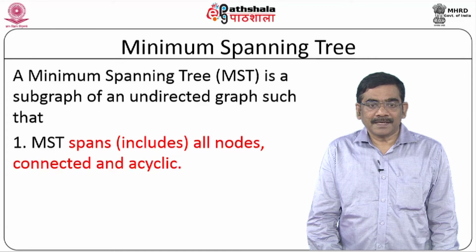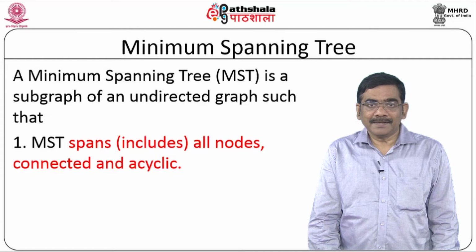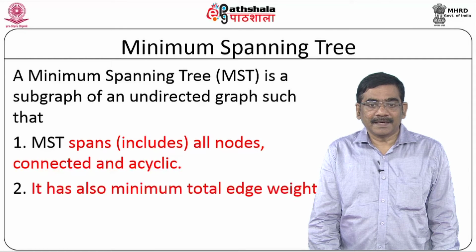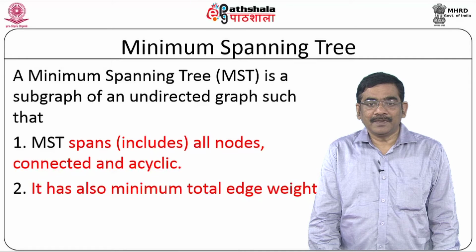People refer to this as spans all the nodes, connected, acyclic. That means we say that there should not be any cycles, and it should also have the minimal total edge weight. So, in other words, these are the prerequisites for the minimum spanning tree.